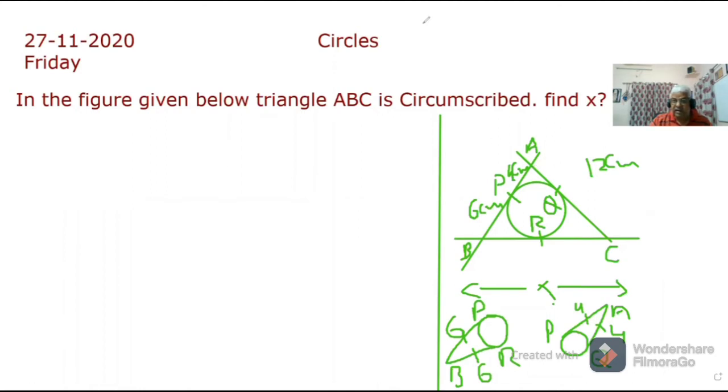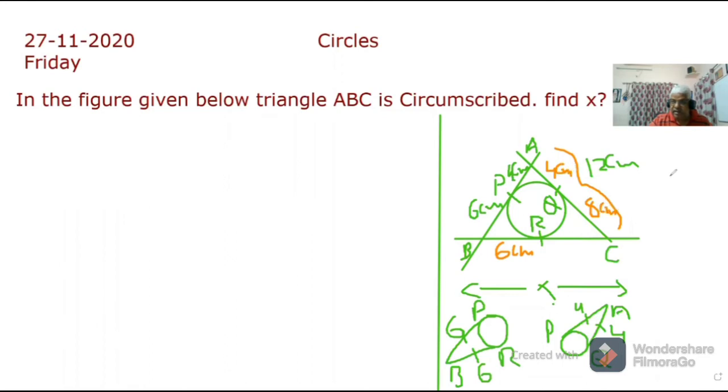So AP is equal to AQ, therefore it is 4. They have given AC as 12, and 12 minus 4 gives you 8 centimeters. And here we have 6 centimeters. Here we got 8 centimeters.